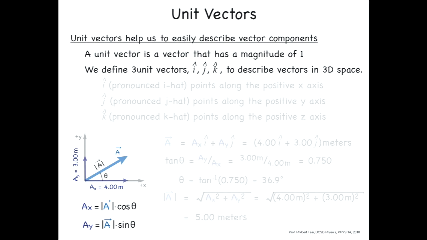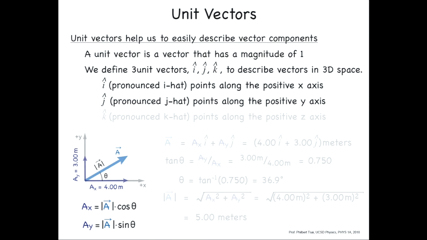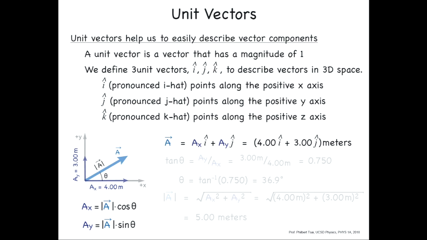So they choose i, j, and k for x, y, and z. Okay? That's actually to keep things less confusing, not more confusing. So i hat points along the positive x-axis, it points that way. j hat points this way, and k hat, sorry, k hat points along the positive z-axis.